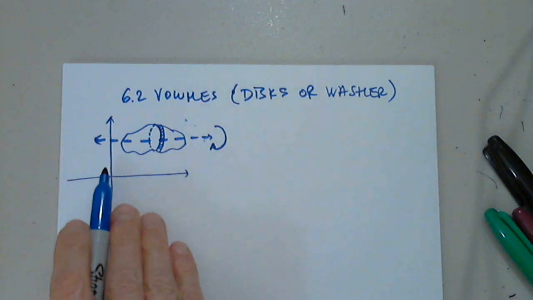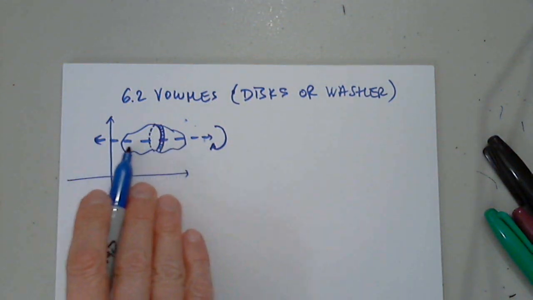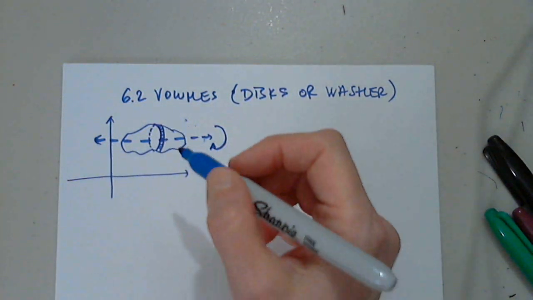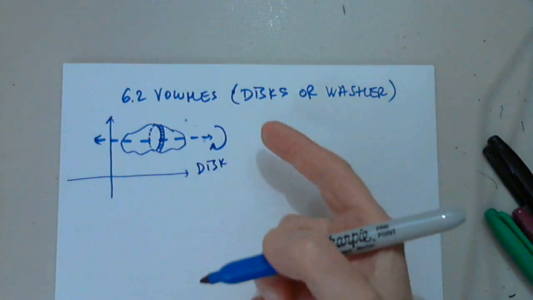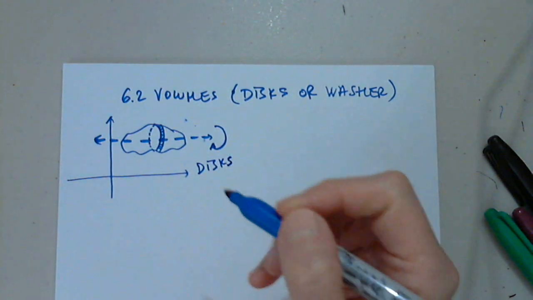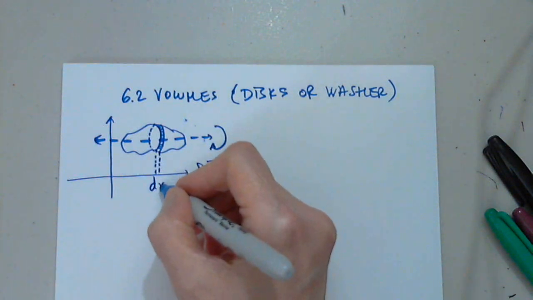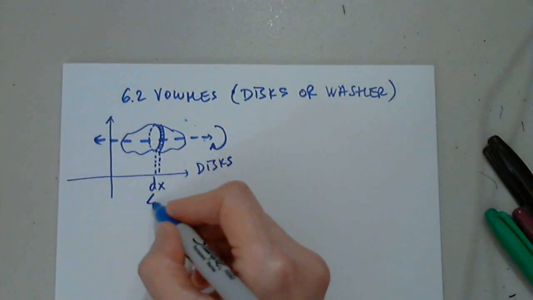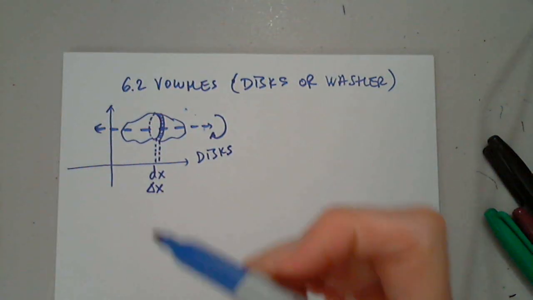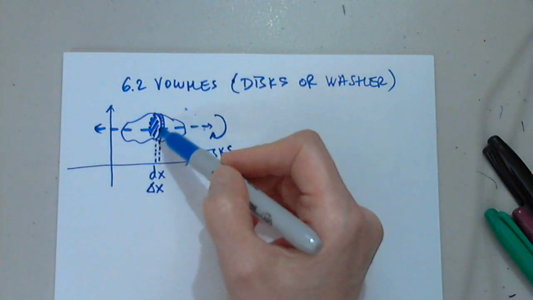And since there is no empty or hollow center, we're going to use the method of disc or discs, in which this is our famous dx, or also delta x, the same thing. And this is the area.